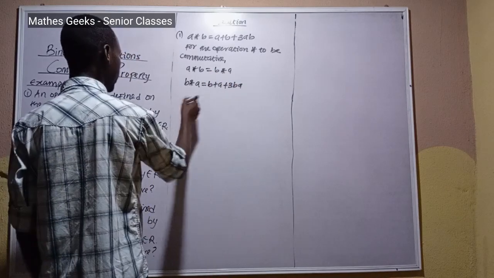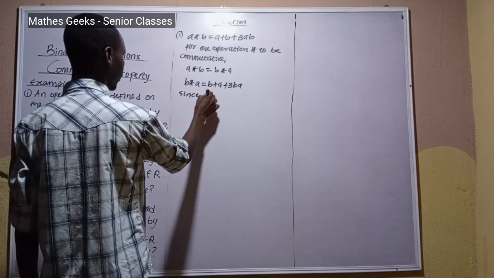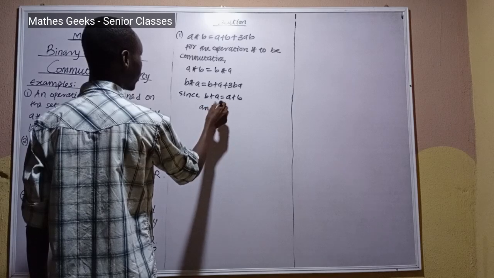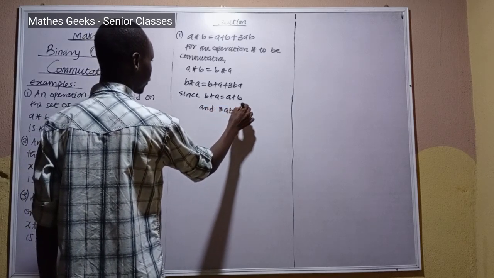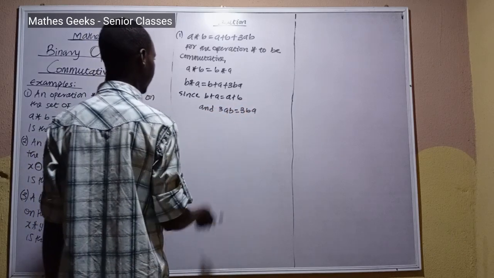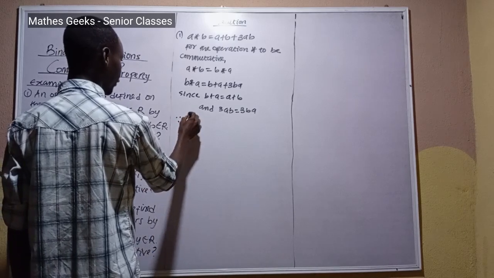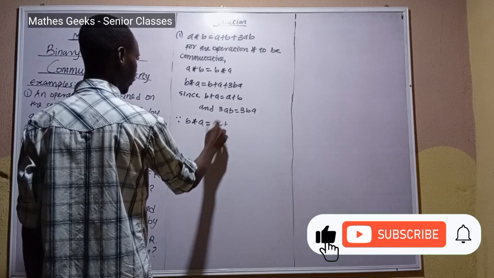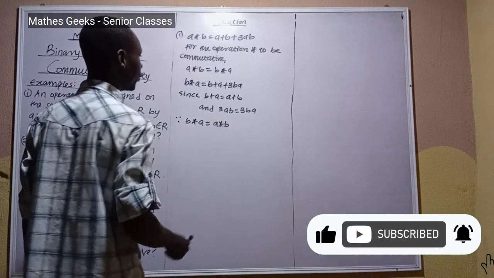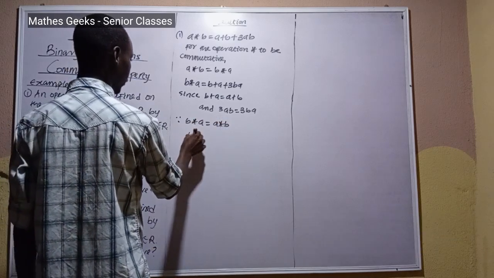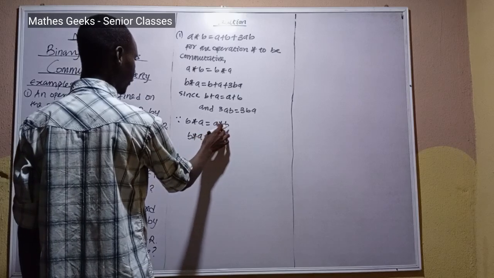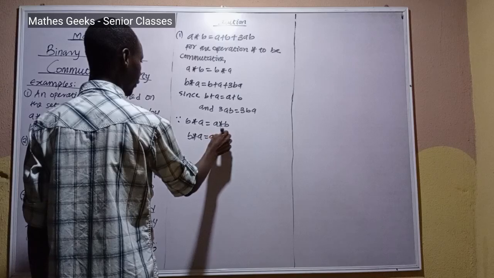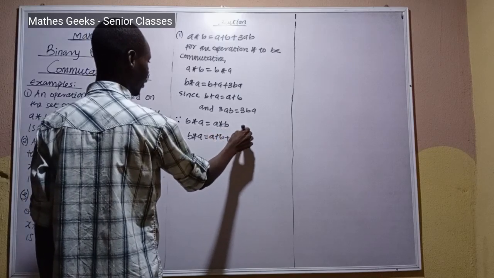So since B plus A is equal to A plus B and 3AB is equal to 3BA, therefore B star A is equal to A star B. We can also write B star A is equal to B plus A plus 3BA, which is still the same thing.